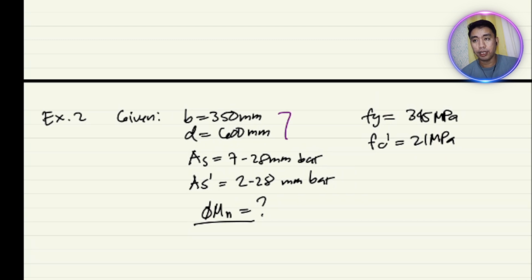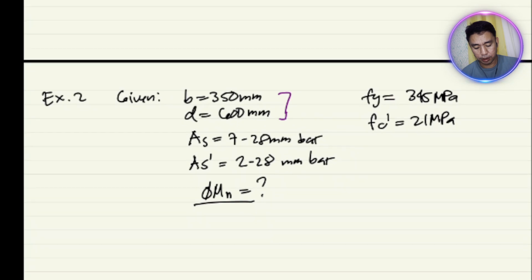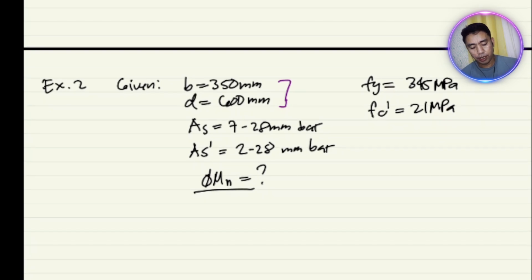See here in the figure. I mean, not the figure, but we have 350 by 600. Itong D is not the total height or depth of the beam. Okay, this is just the effective depth for analysis, 600. And Fy is 345 and Fc prime is 21 megapascal.